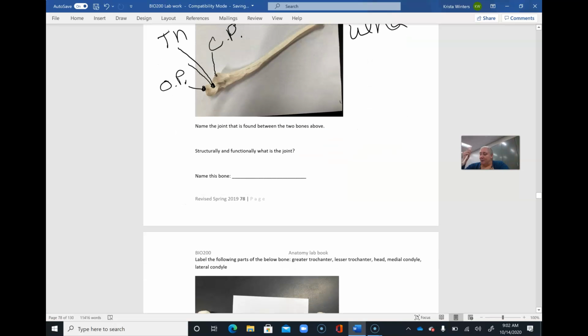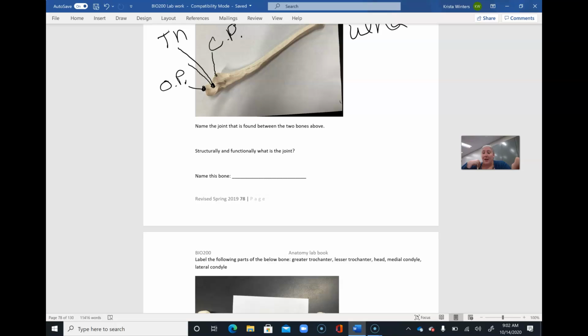So again, between these two bones, and I'm just holding them like this, between these two is a joint. There is a structural joint composed of some type of connective tissue.